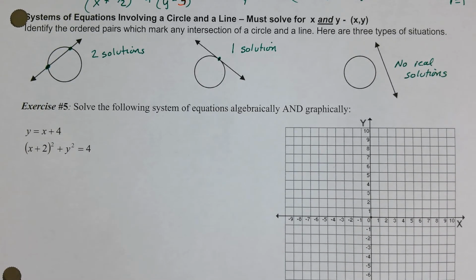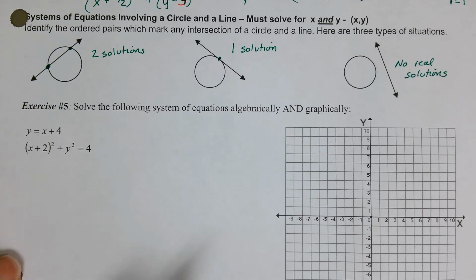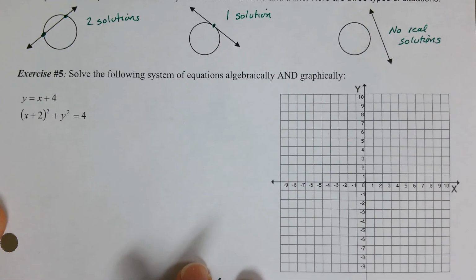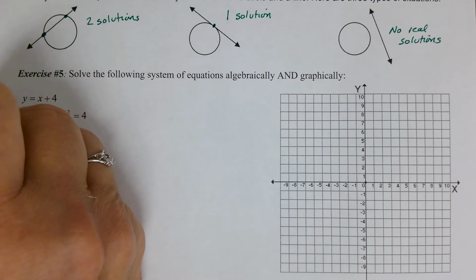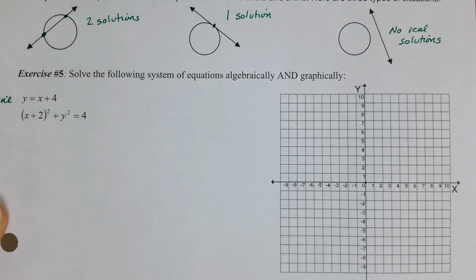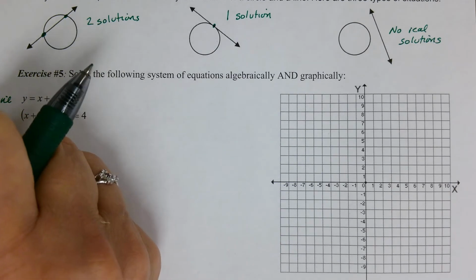Exercise 5, solve the following system of equations algebraically and graphically. Well, algebraically, this is our line, and this is our circle.